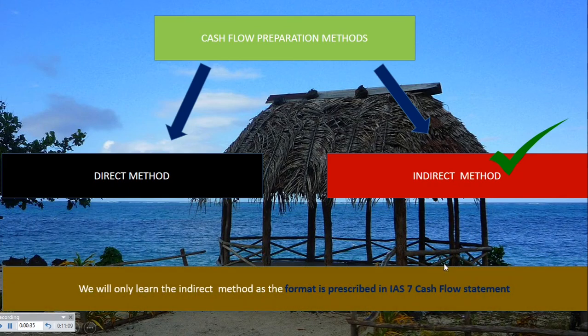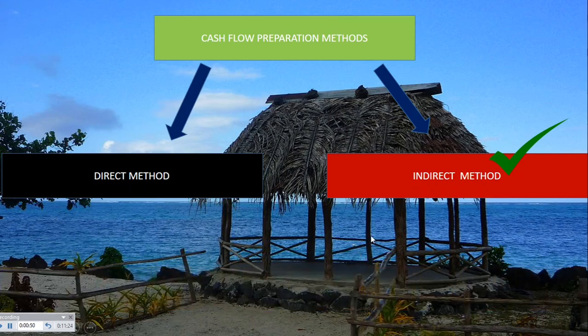We will learn only the indirect method here as it is prescribed by International Accounting Standard 7. We will not study the direct method, we will be focused only on the indirect method as required by International Accounting Standard number 7. So let's proceed forward.